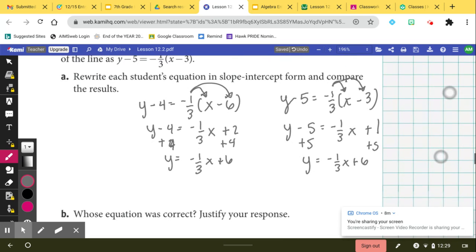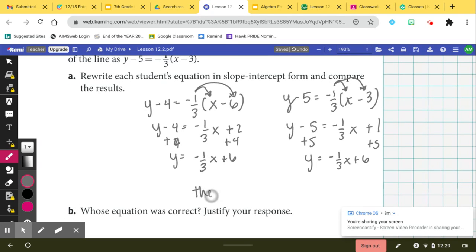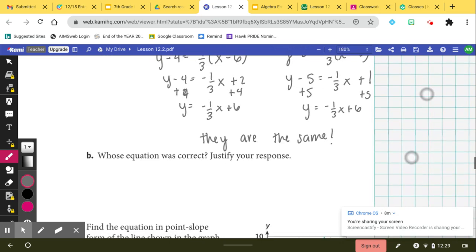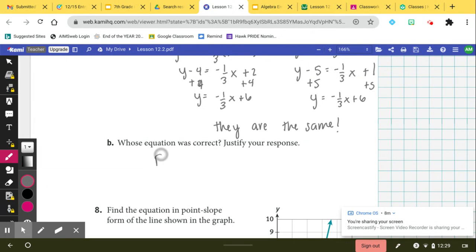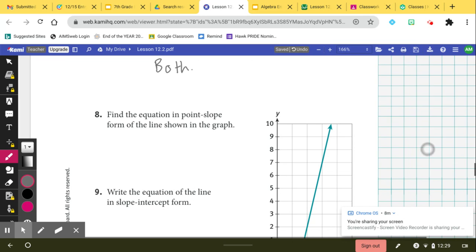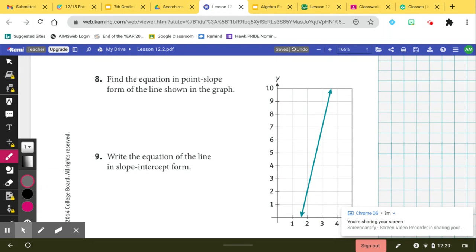So compare the results. They are the same. So whose equation was correct? They both are, because it doesn't matter which point we use in point-slope form.